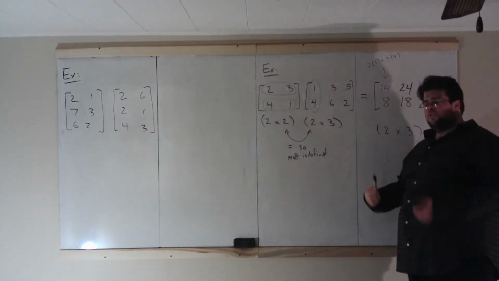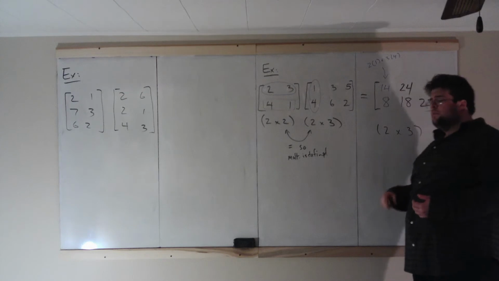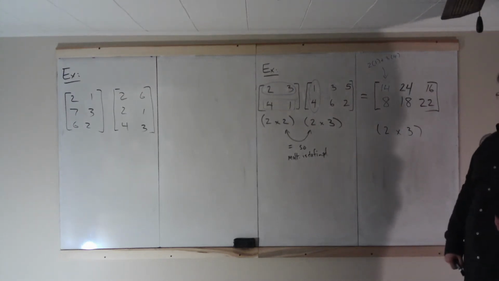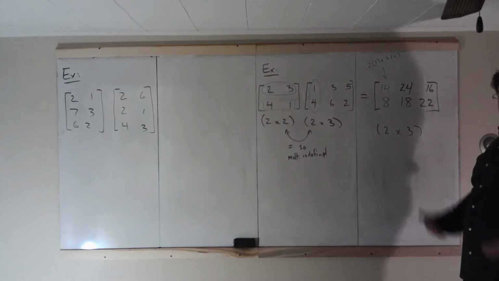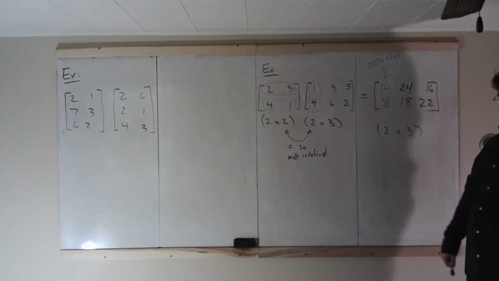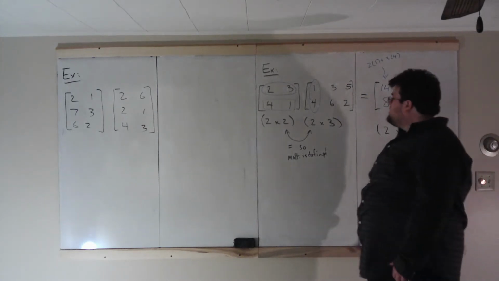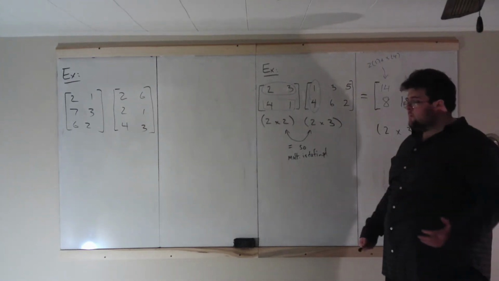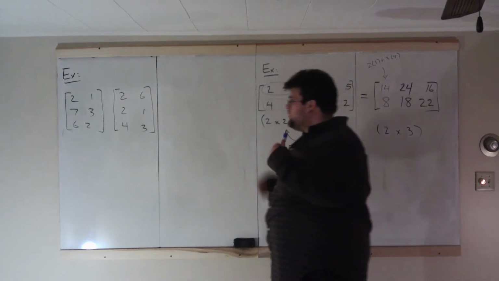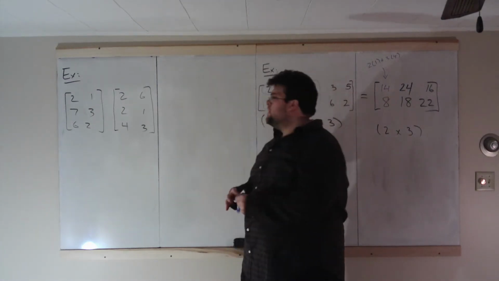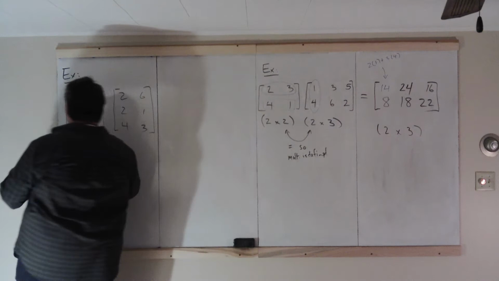this argument is very useful for figuring out the size of your answer. I find it not so useful for figuring out if the multiplication is defined, because it's always defined row times column. Does row times column work here? Well, try it.